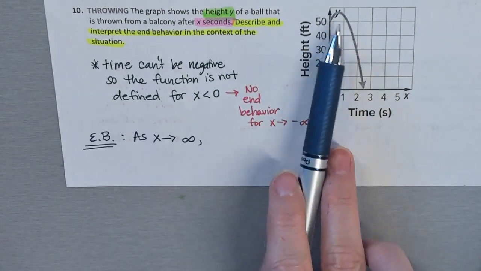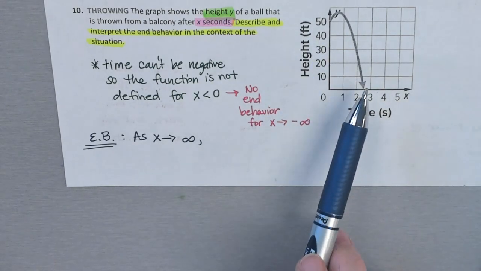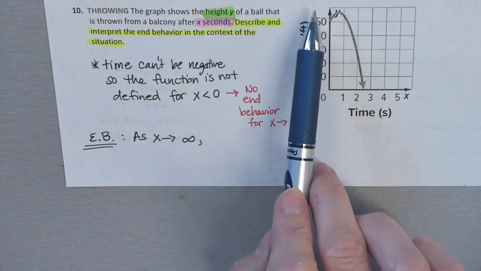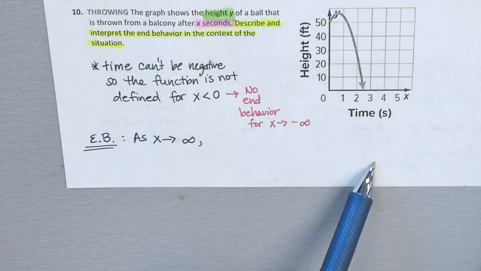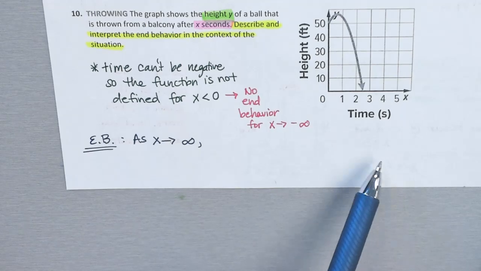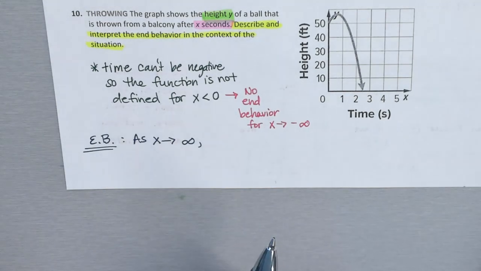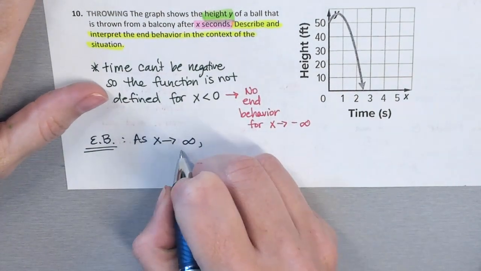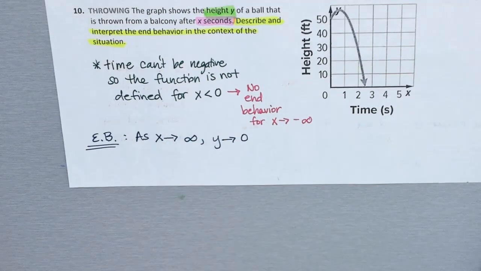But we're throwing a ball. I know some of you are strong, but we're not going to be throwing a ball off a balcony that's going to go up and then penetrate through the ground, right? Maybe some of you will find that a challenge. No, what's going to happen? It's going to approach what value? It's going to approach 0. So as x gets larger, y is getting closer and closer to 0. Okay, so that's the describe.